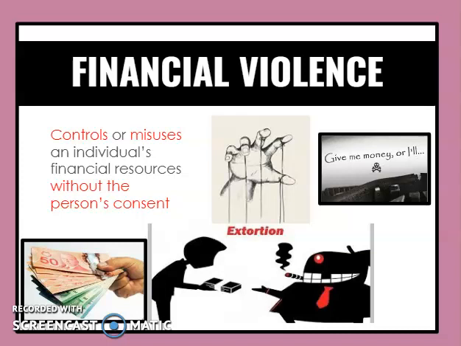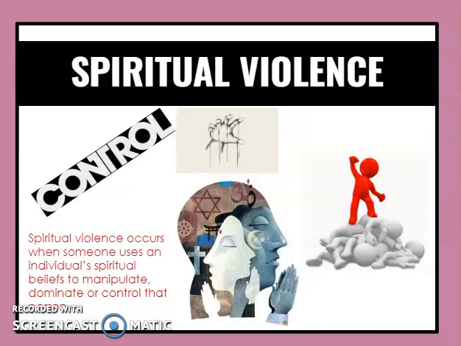Another example is forcing a signature on checks or legal documents. Extortion is a common example of financial violence, and it is the practice of obtaining something through force or threats. So, for example, in a school setting, we would see one individual going and bothering another individual at lunch and forcing that person to give them the money and saying that if you don't give me the money, I'm going to hurt you.